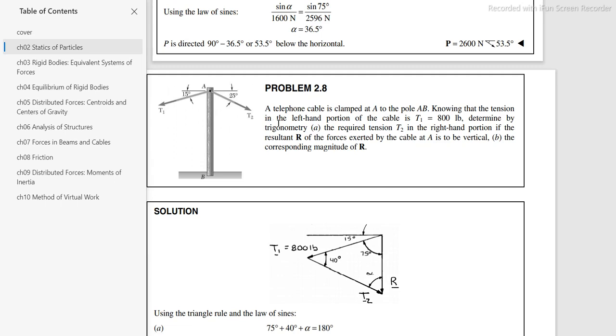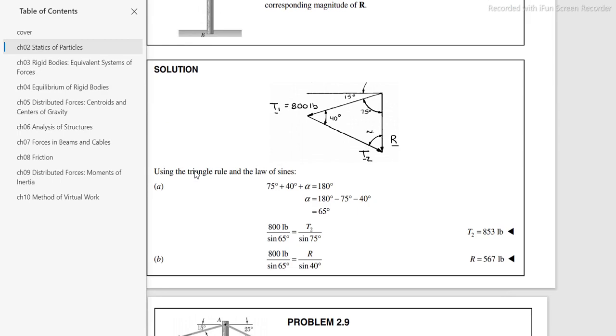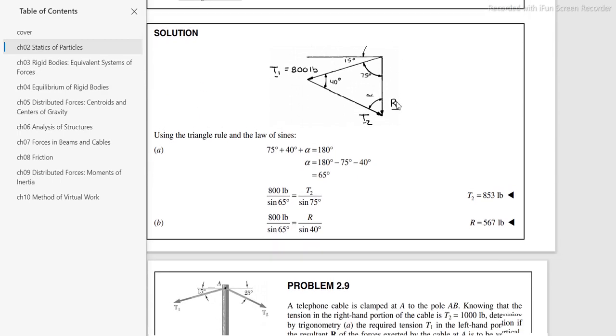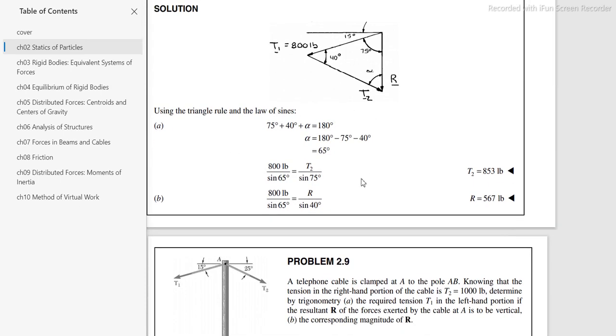Knowing that the tension in the left hand portion of the cable is T1 equals 800 lb, determine by trigonometry the required tension T2 in the right hand portion if the resultant R of the forces exerted by the cable at A is to be vertical. Question B, the corresponding magnitude of R. And the solution is: there is a free body diagram, using the triangle rule and the law of sines.